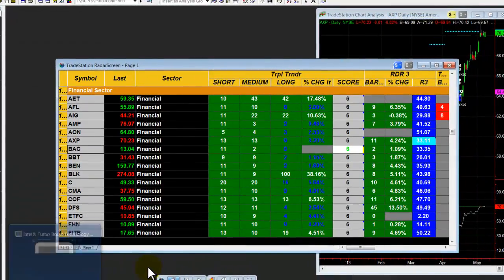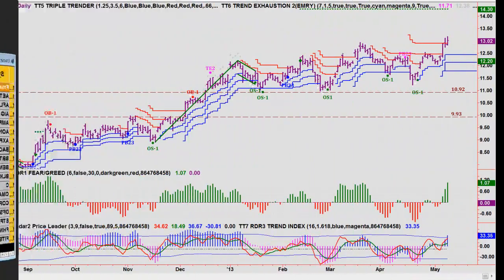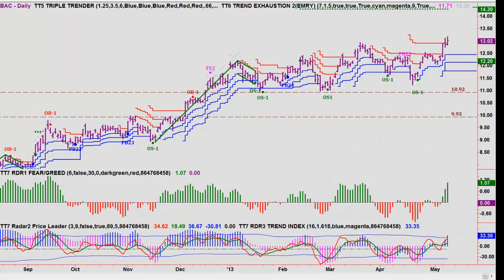So I can just link this spreadsheet to a chart. Let's see what we come up with. So here's the chart of Bank of America. And as you can see, the triple trender did just turn bullish on all 3 trenders. So we have a bullish trend identified in the triple trender. We have a recent bullish trend identified in the radar 3 trend strength index.